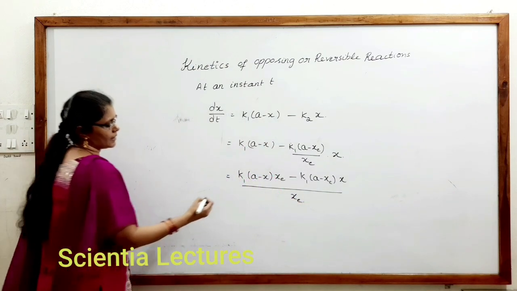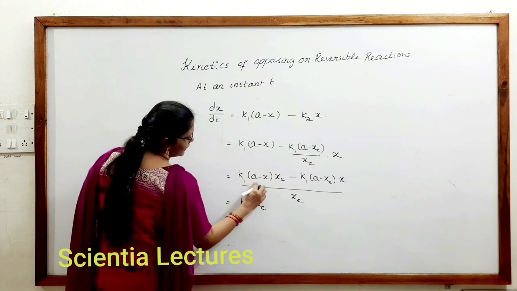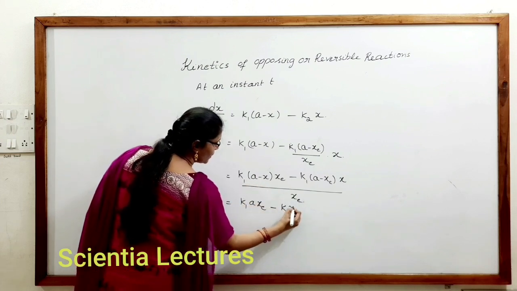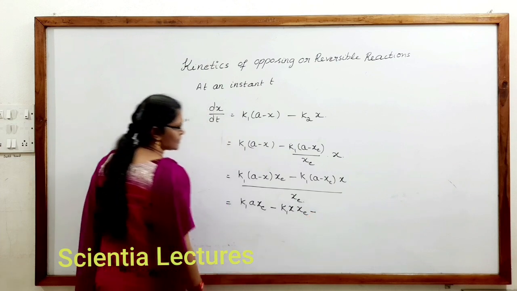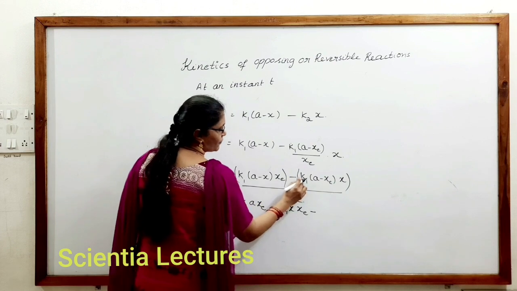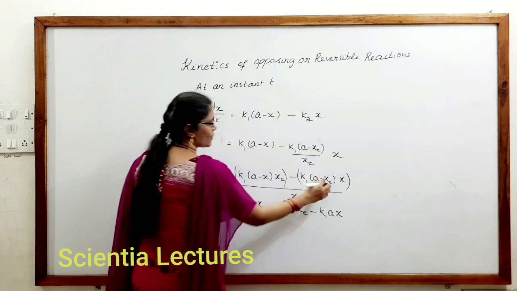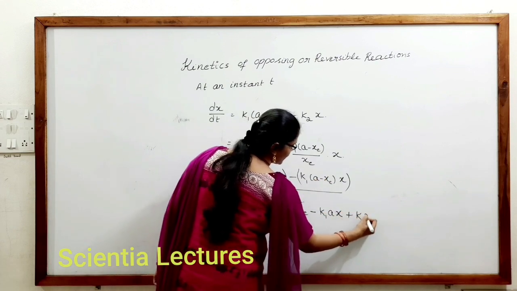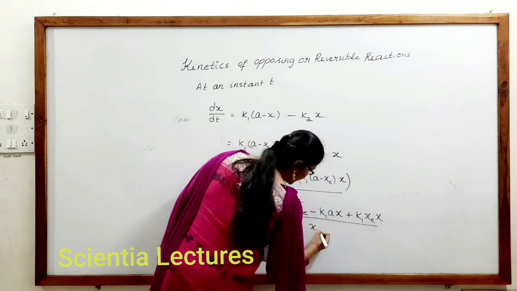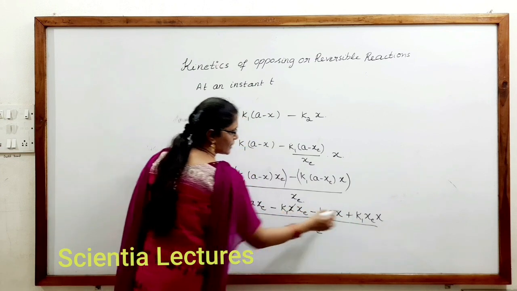This could be written as K1 A Xe minus K1 into X into Xe minus K1 into A into X, minus of minus becomes plus K1 into Xe into X divided by Xe. Now what will get cancelled? Minus K1 X into Xe plus K1 into Xe gets cancelled.